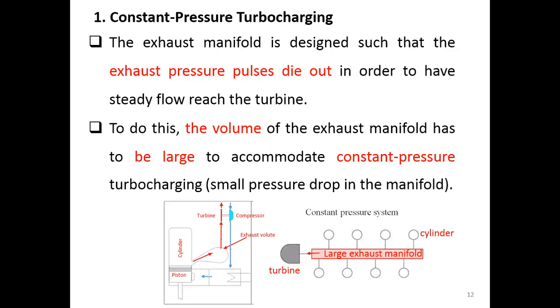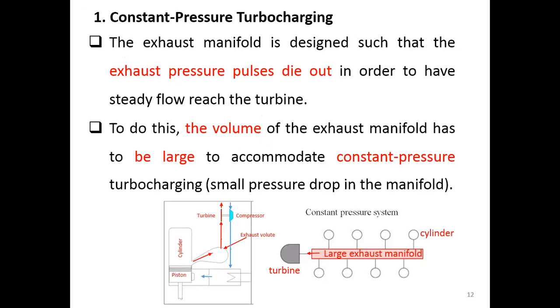The first approach we call is the constant pressure turbocharging. What does it mean? It means that we would like to have a constant pressure, not a pulsating pressure due to the pulsating flow that comes out from the exhaust.